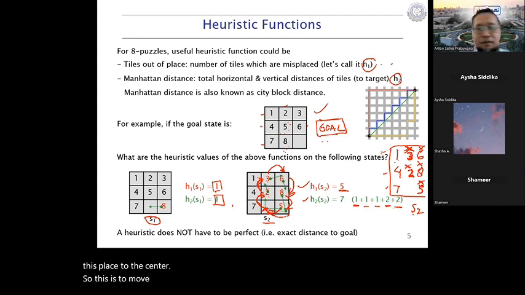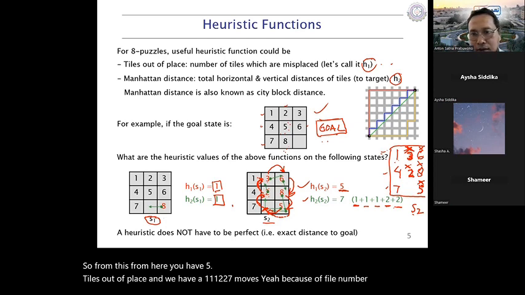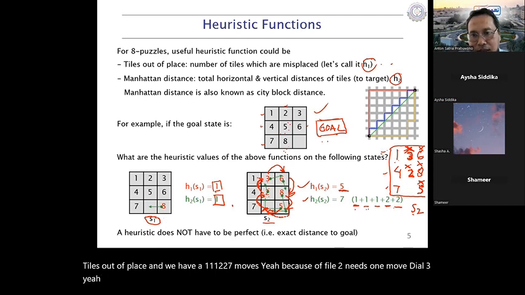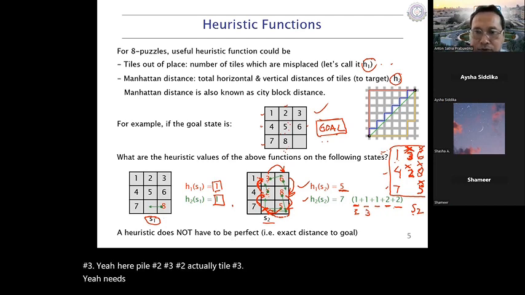So from here, 5 tiles out of place, and we have 1, 1, 1, 2, 2. That makes 7 moves. Tile number 2 needs 1 move, tile number 3 needs 1 move, and tile number 6 needs 1 move in order to reach the goal.